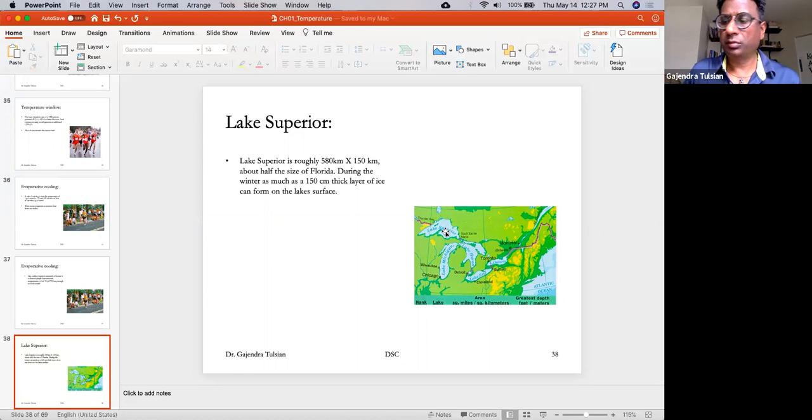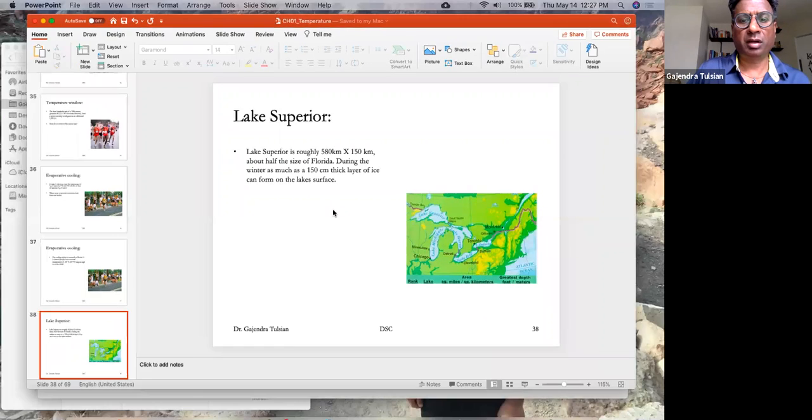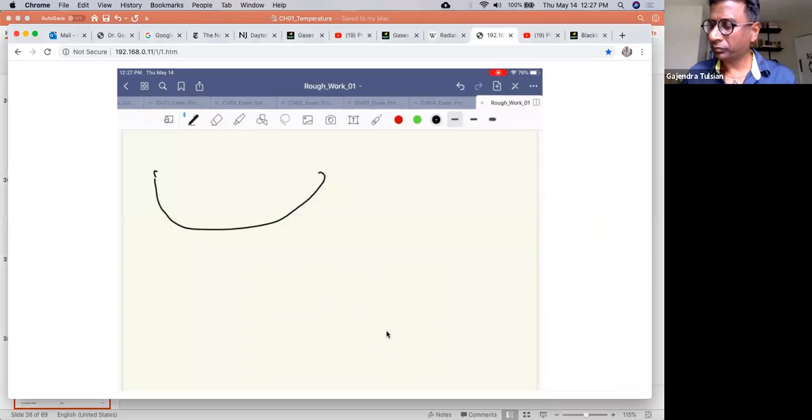We'll talk about Lake Superior. It's about half the size of Florida, and a 150 centimeter thick layer of ice can form on the lake. 150 centimeters is roughly the height of a person. Okay, so that's 5 feet. 150 centimeters is 5 feet.